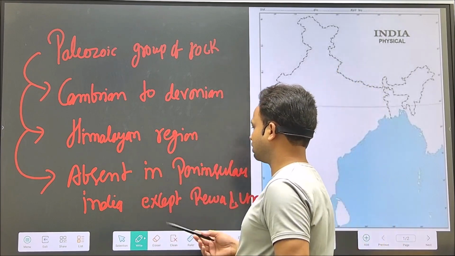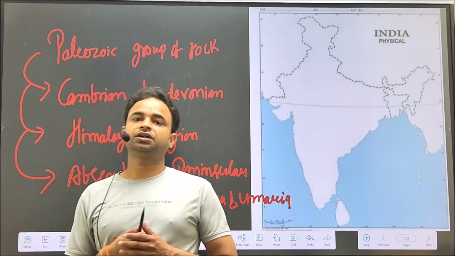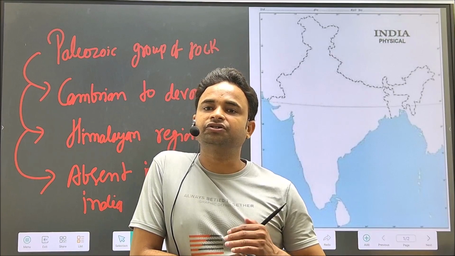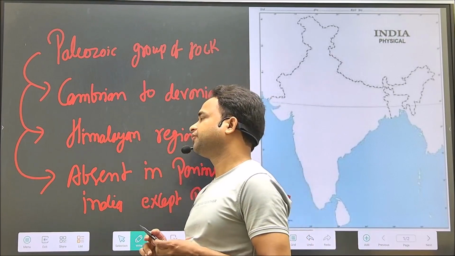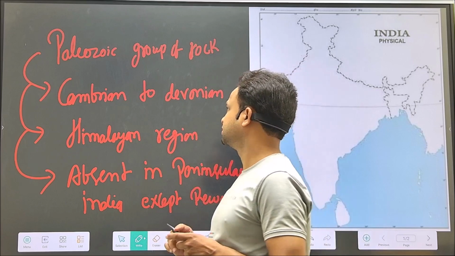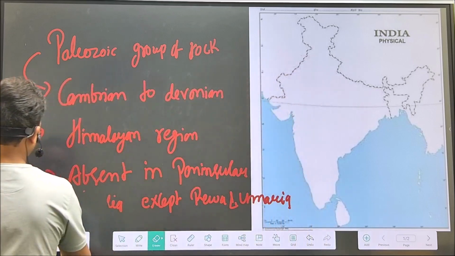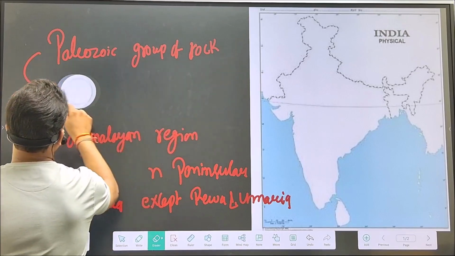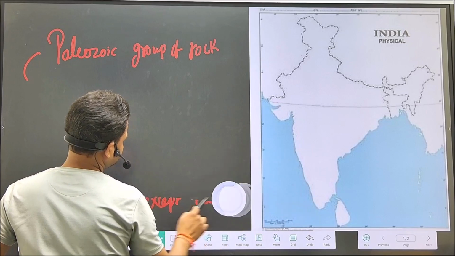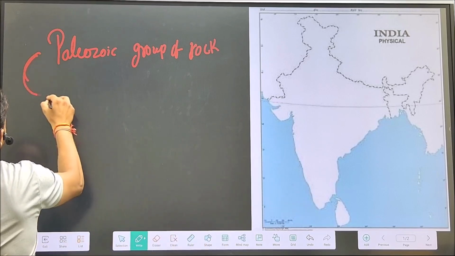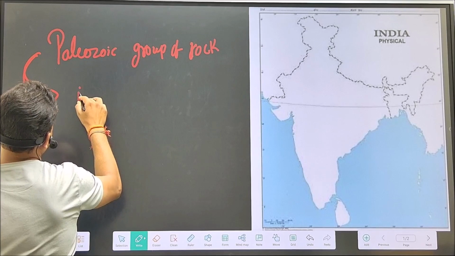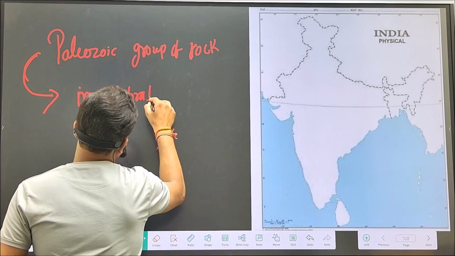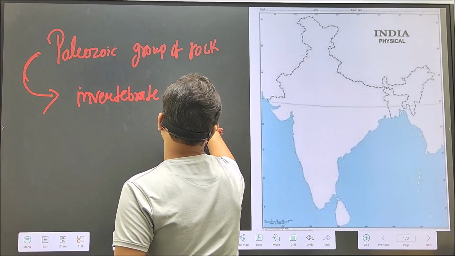So this is all about the Paleozoic group of rocks, and this was a time when life began, life in the form of invertebrates, a biotic component.